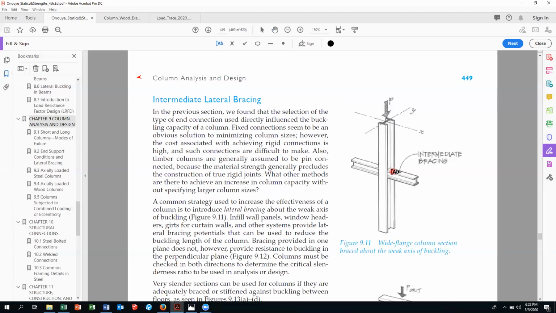If you push down an aluminum yardstick, it's going to buckle with very little load. If you have somebody grab the middle of it, it takes a lot more load to buckle it. If you then, say, grab at a quarter here, here, and here, it's going to take even more load. Okay. So again, you're increasing the effectiveness of the column by introducing lateral bracing about the weak axis of buckling.